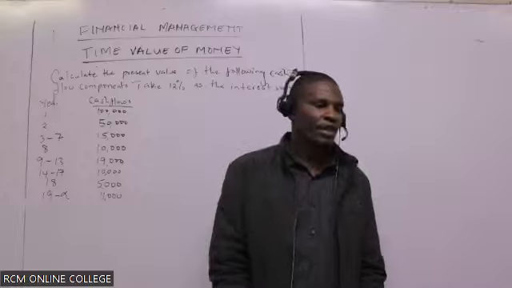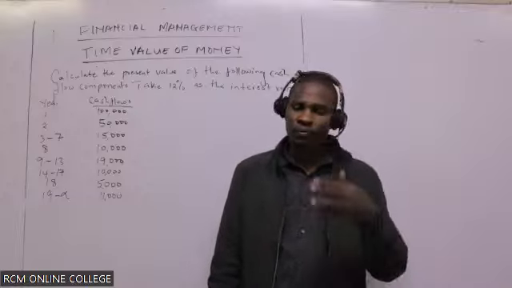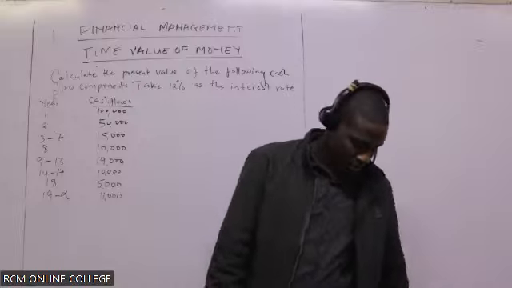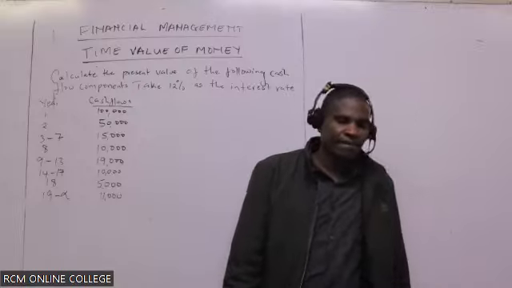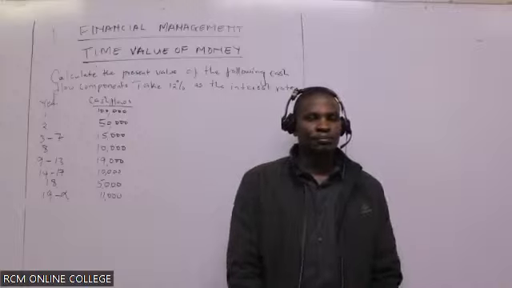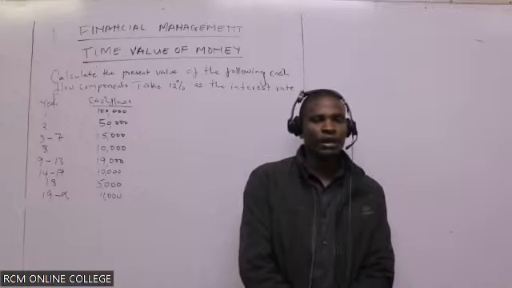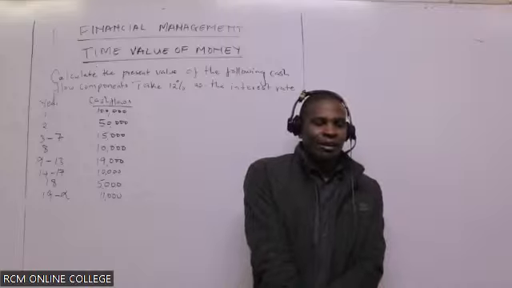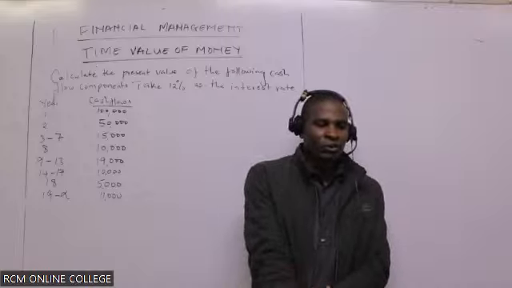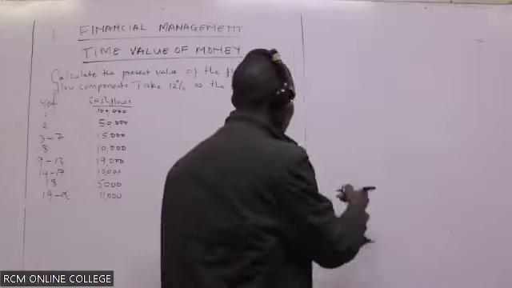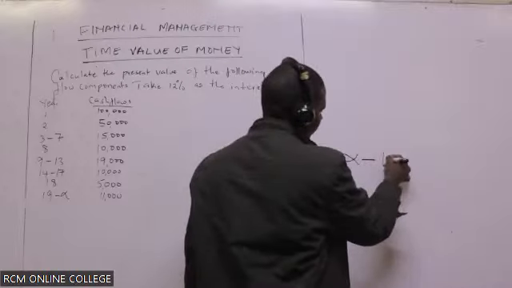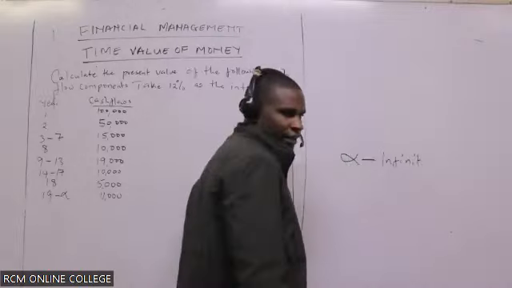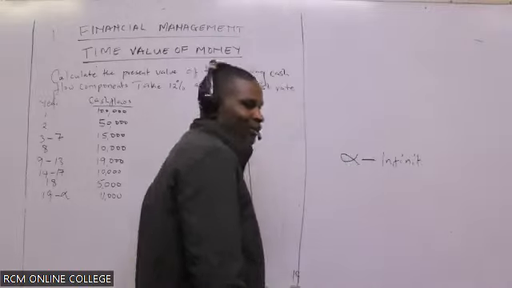So in this case, as you can see, can you look at those cash flows and tell me, are they regular or irregular? Even I can see we have a symbol there that looks like this. We call it infinite.